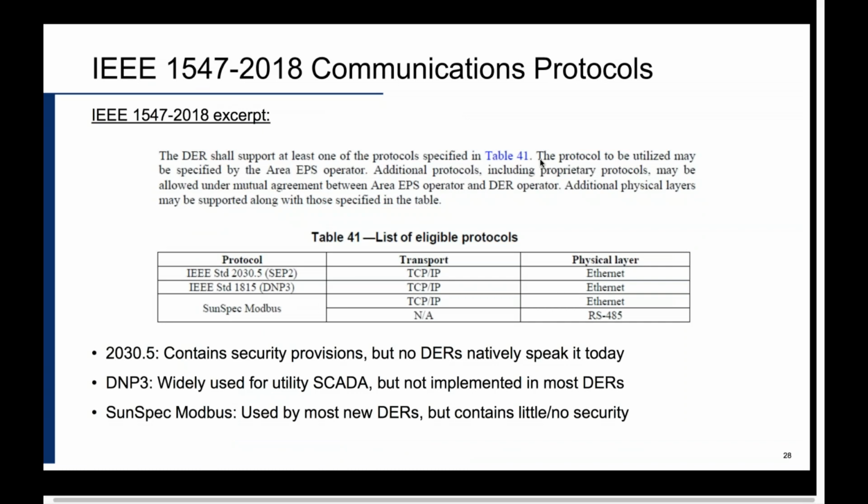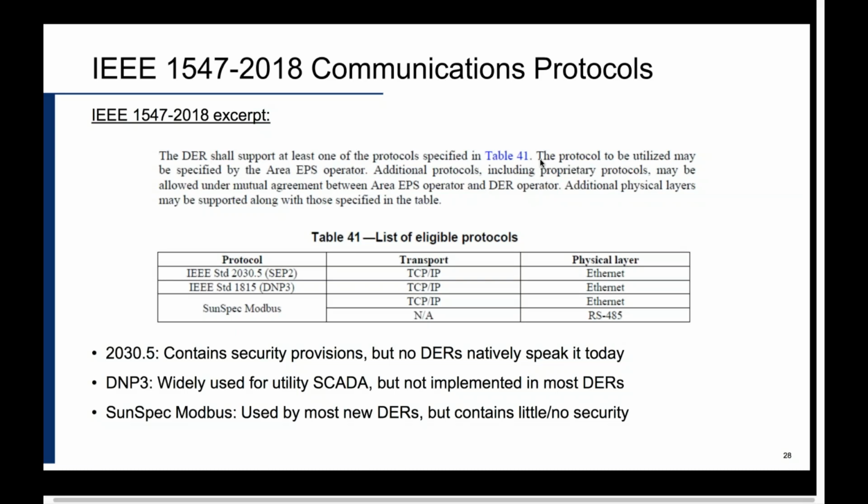And most importantly, as the penetration of these DERs increases, these devices should be communicable, which means they should be able to talk. They should talk somewhat similarly. They should be able to understand. There are numerous communication protocols.